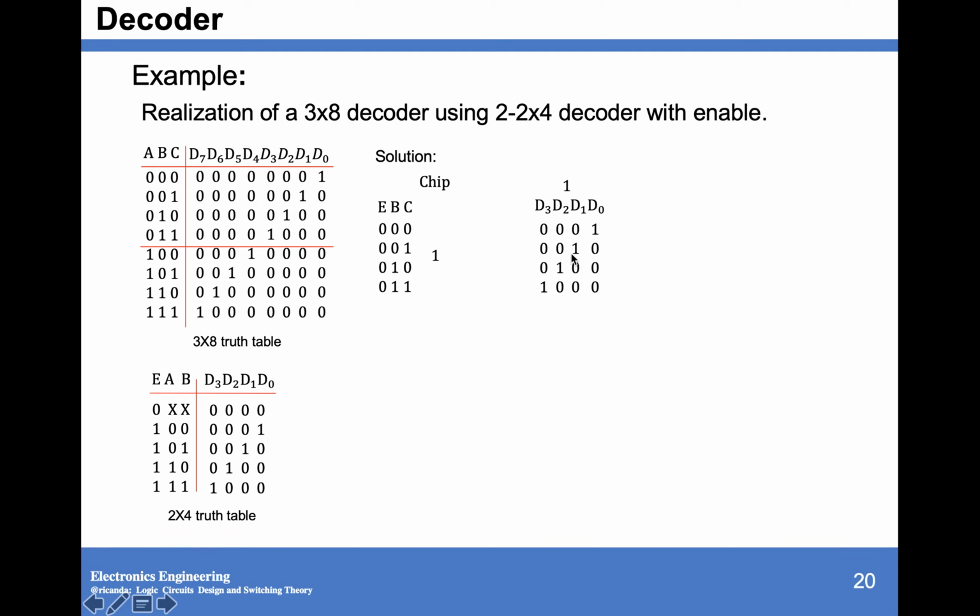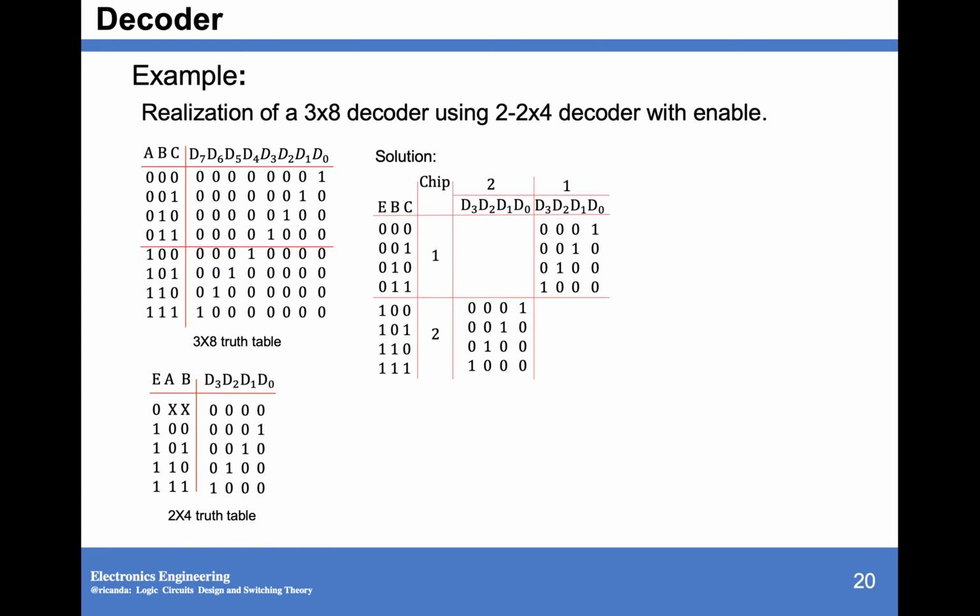Then this is your output. That is your ABC. Next, your chip number 2. That is D4 to D7. Then we have your combinations from 1, 0, 0 to 1, 1, 1. If it is 1, this is 1, 1, 1. And all others are 0.